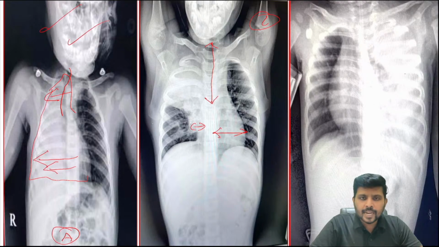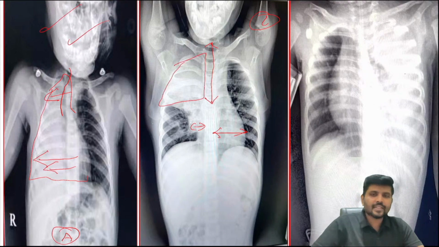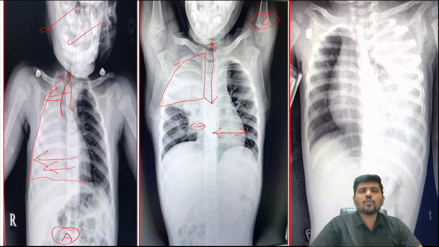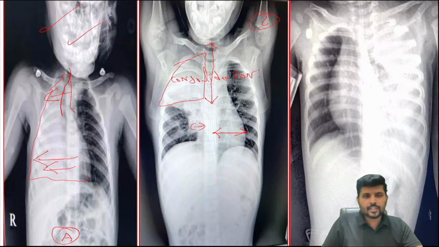So what does it mean? Neither pulled nor pushed, both upper and lower lobe. And you have a heterogeneous opacity involving the right upper lobe. So what is the diagnosis? Whenever there is heterogeneous opacity involving one lobe, and your trachea as well as mediastinum is neither pulled nor pushed, it is a case of consolidation.